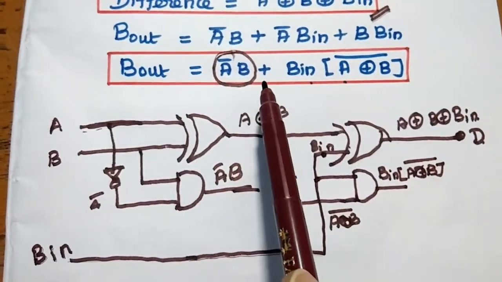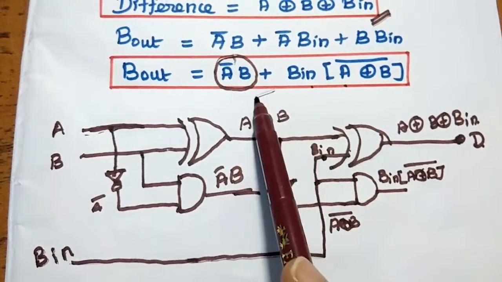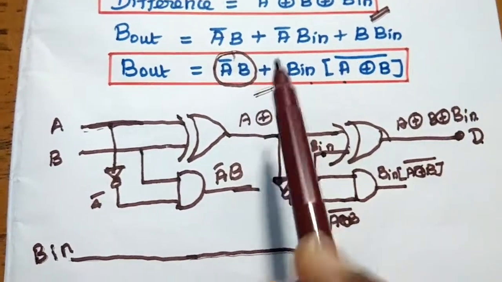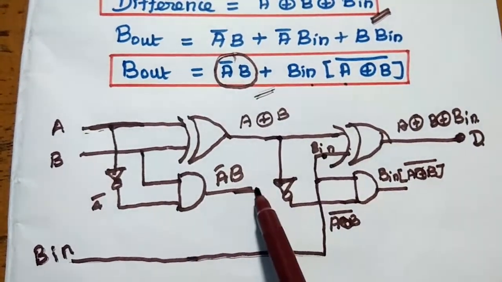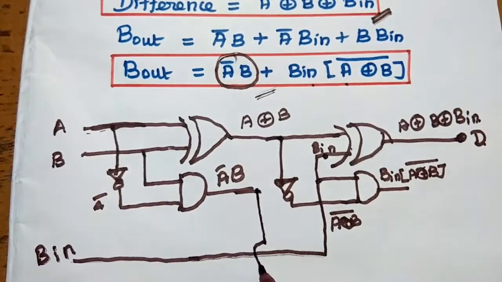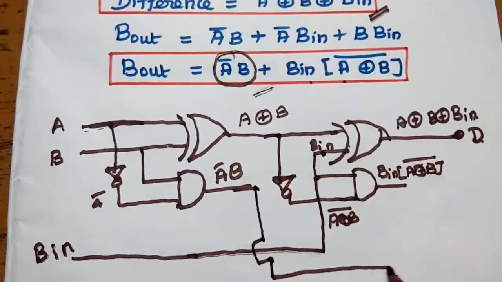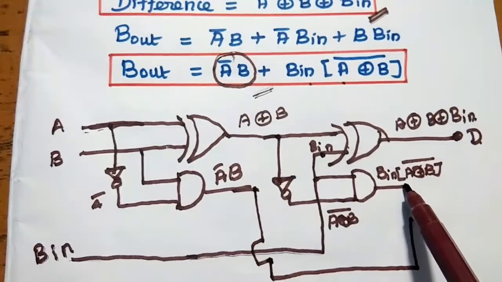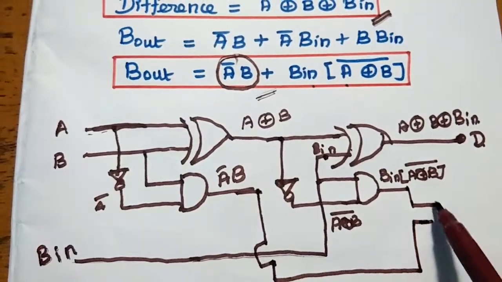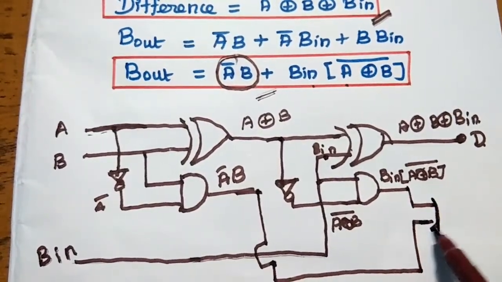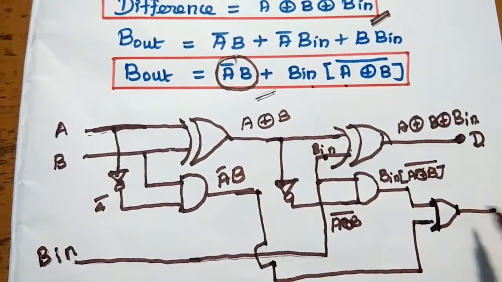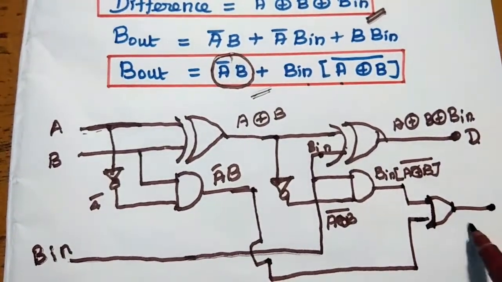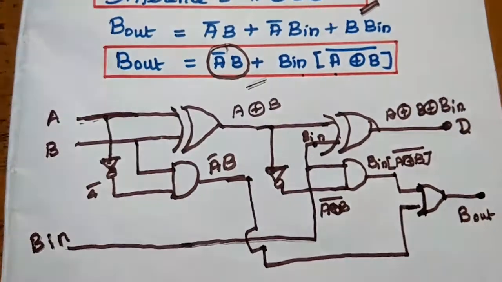Okay, so here we need one OR gate to add these two terms. So here we have to take this A bar B and the output of this second AND gate. Both are given as input to one OR gate. So now we can obtain the borrow output.